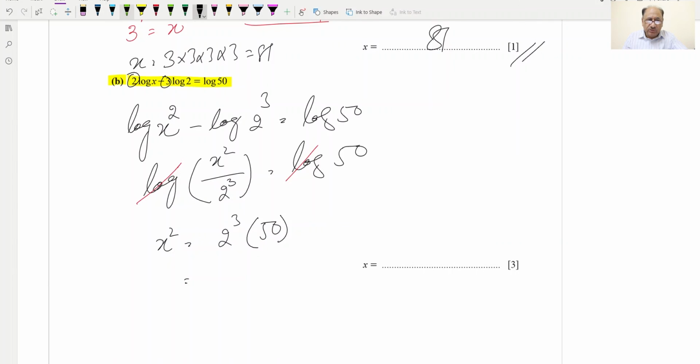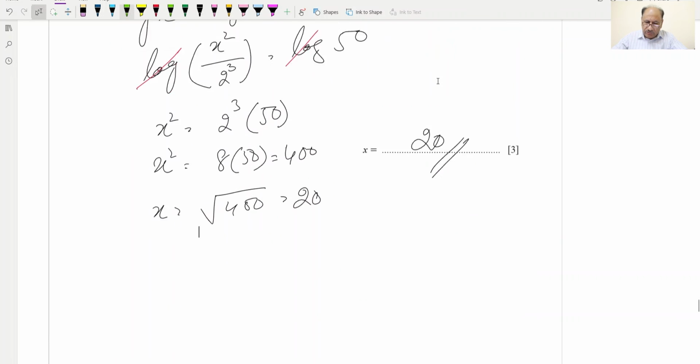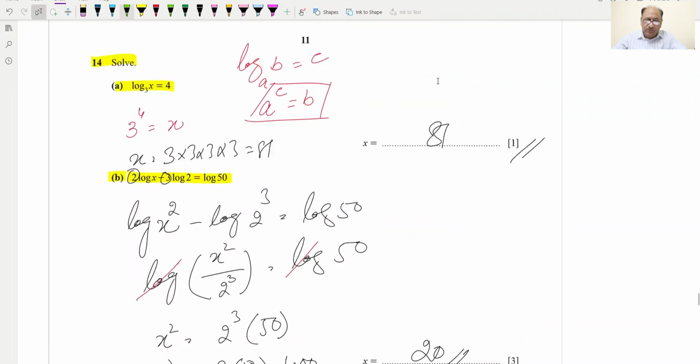So 2 raised to the power 3 will be 8 into 50, which is equal to 400, and this is x squared, so x will be equal to the square root of 400, which is equal to 20. So the x value is 20. The negative value we are not taking because this is a log and cannot be negative, so we are taking only the positive value, 20. We are done with the paper.